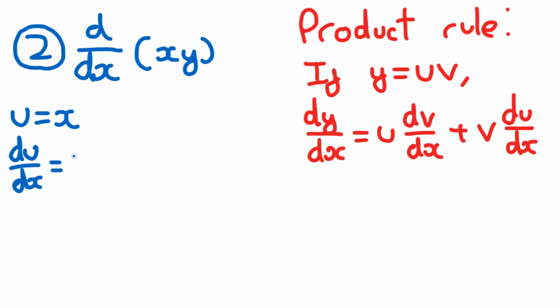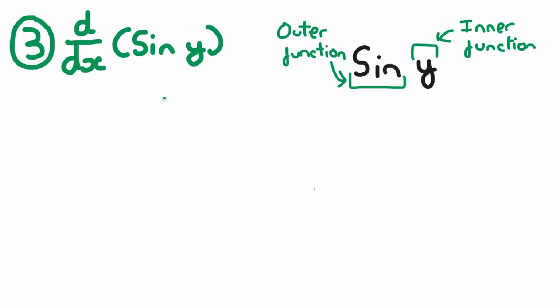So here's another example where we have to differentiate sin y in terms of x. This is another example where we have to use the chain rule. Remember, we treat the y as a function, so the inner function is this y and the outer function is this sin here. Remember the chain rule: it's the inner function differentiated multiplied by the outer function differentiated.